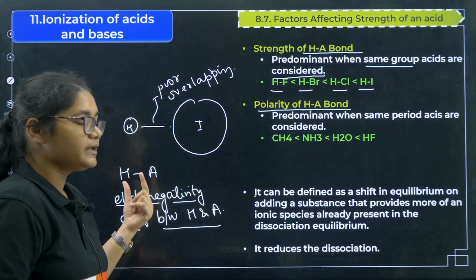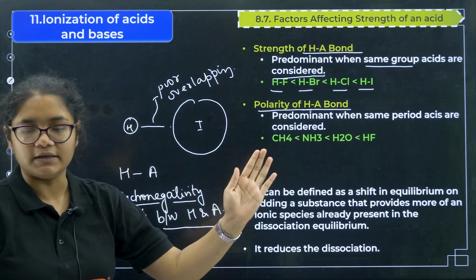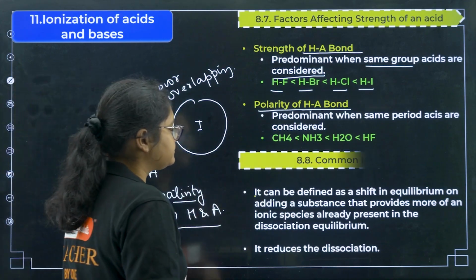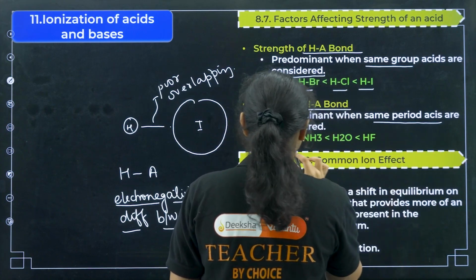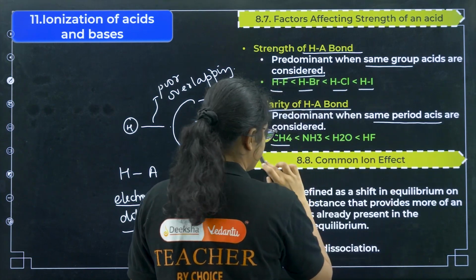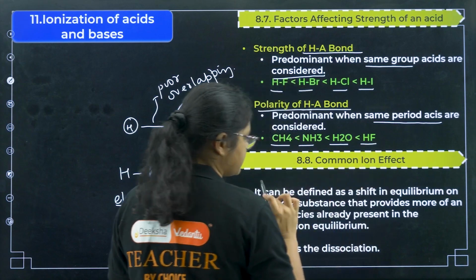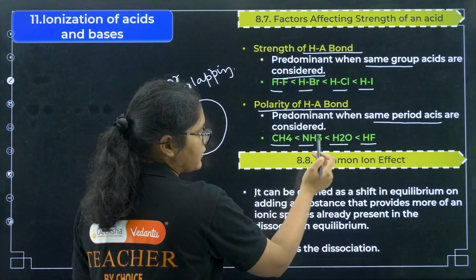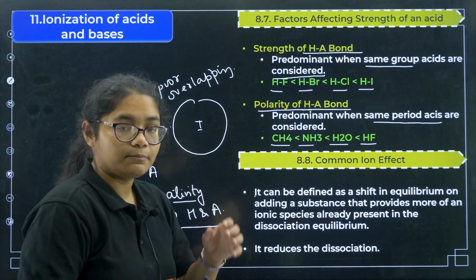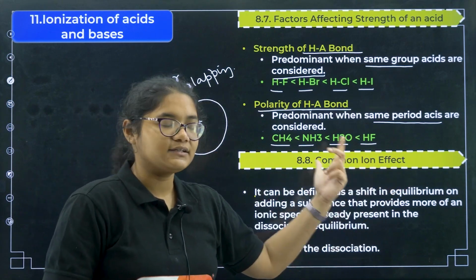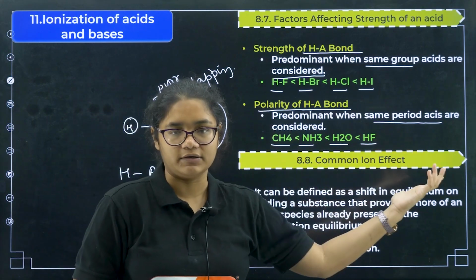So, this factor is more important along the period. Now if you see along the same period, for example CH4, NH3, water and HF, here you see the electronegativity of carbon, nitrogen, oxygen and fluorine. The polarity of the bond is increasing, so that is why the acidity will also increase.